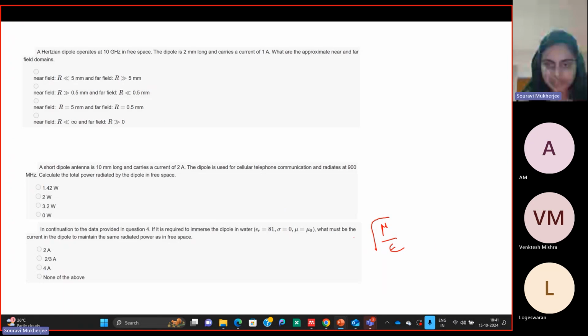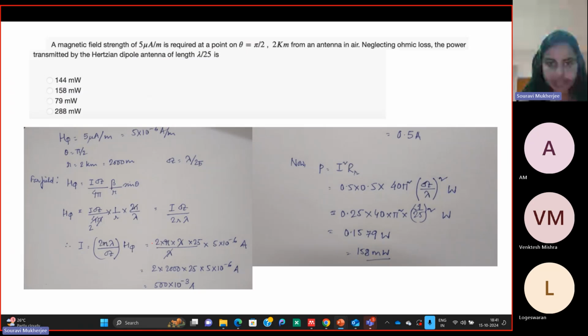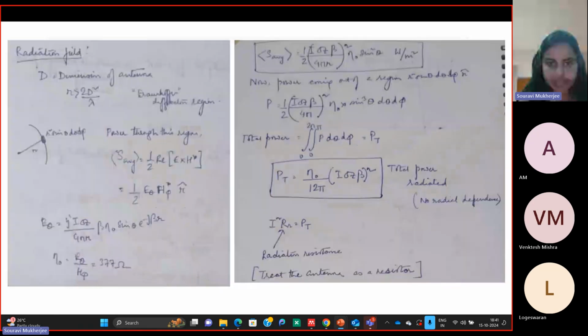Now, what must be the current in the dipole to maintain the same radiated power? In this case, you will have an extra 9 coming in here. Because you have an extra 9 here, you would need less current.